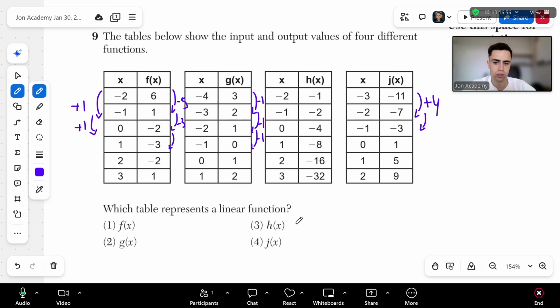Okay, so this one is also not linear because it grows differently between steps, as we can see. This one was going down minus 1, but then grows up plus 1 here again. So here it changed the slope. So this is not linear anymore. So the correct answer is the last one because it grows plus 4 on the y's always and plus 1 on the x, no? So it's gonna be the fourth option here.